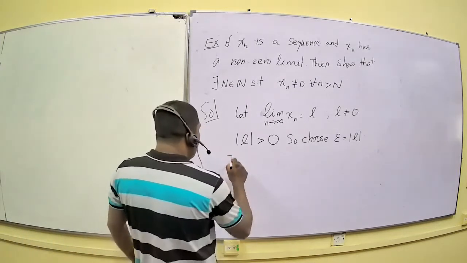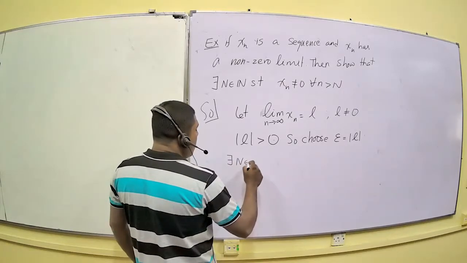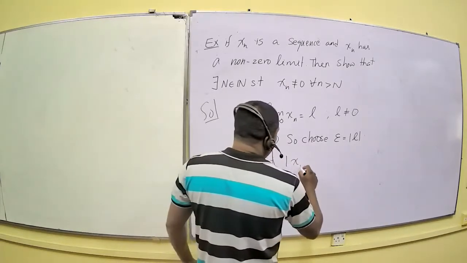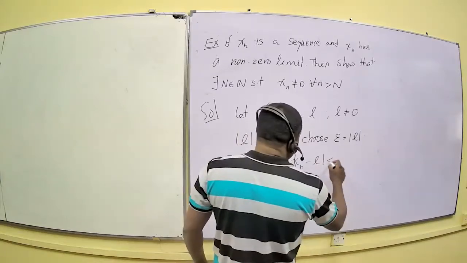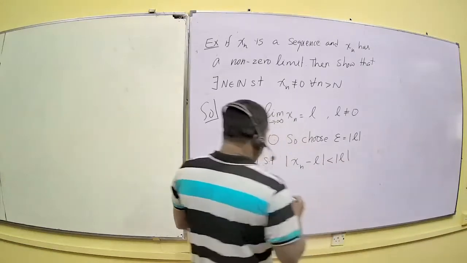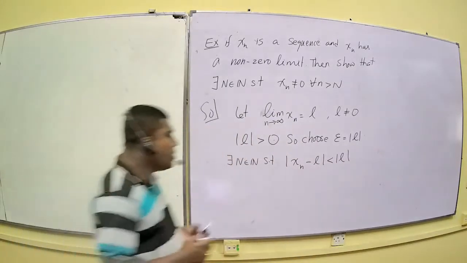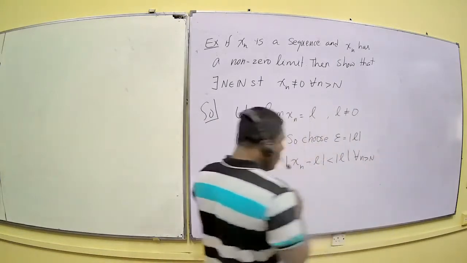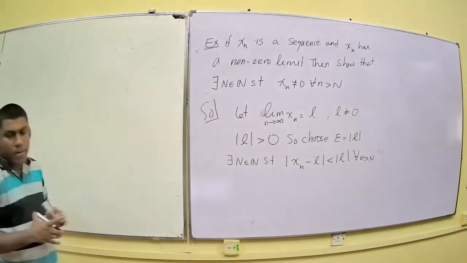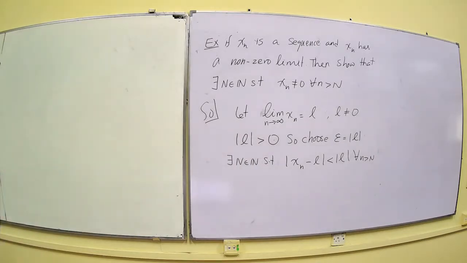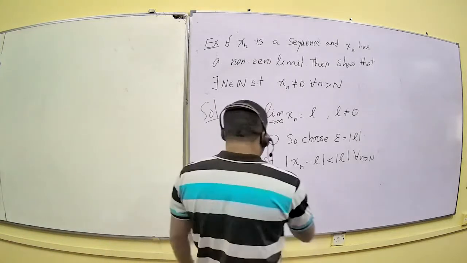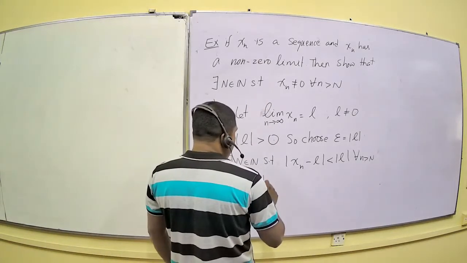So then there exists N belonging to the natural numbers such that the absolute value of xn minus L is less than the absolute value of L for all n bigger than N. This is because of the definition of the limit, and you choose epsilon as the absolute value of L. That is the only thing you did.